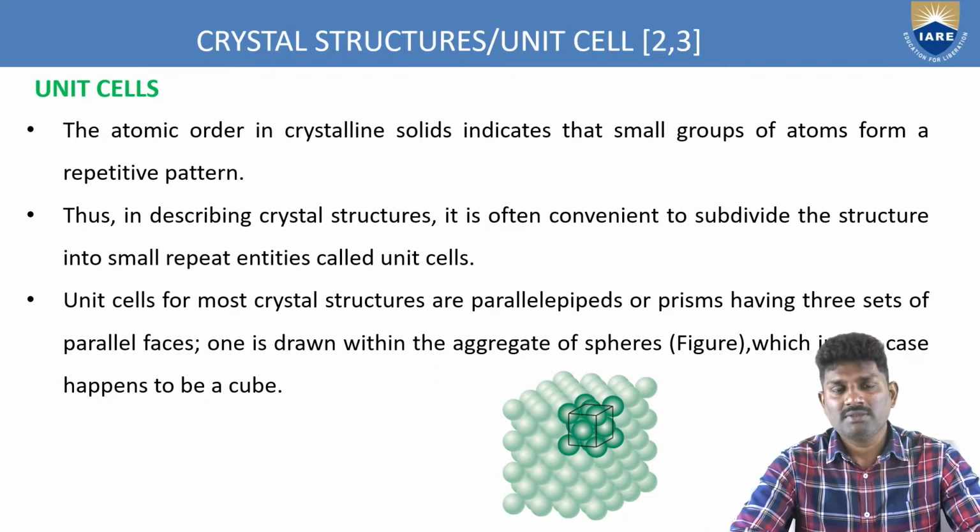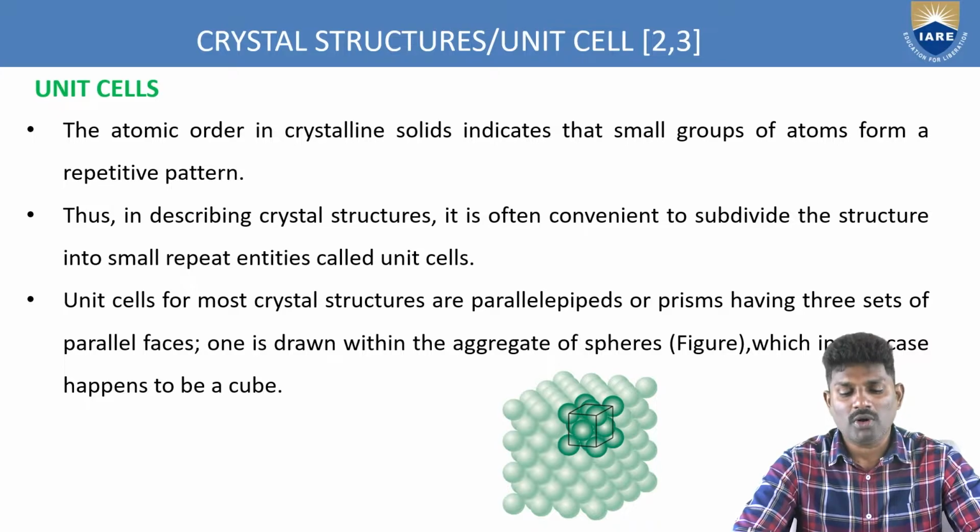Now what is a unit cell? We are talking much about the unit cell. So what is the use of a unit cell, what are its applications, and what is its purpose? We'll see here. The atomic order in crystalline solids indicates that a small group of atoms forms a repetitive pattern. So the atomic structure is what? We have a repetitive pattern, is it not? It has a number of repetitive patterns so that it forms a good atomic structure.